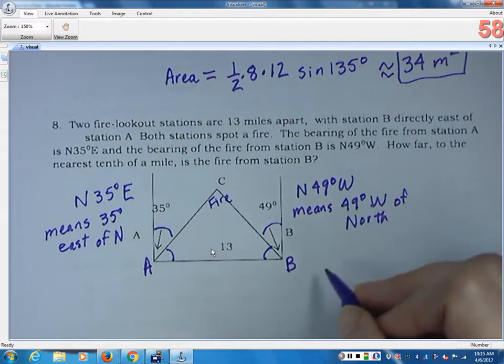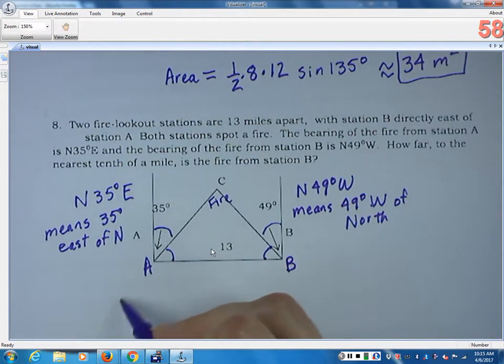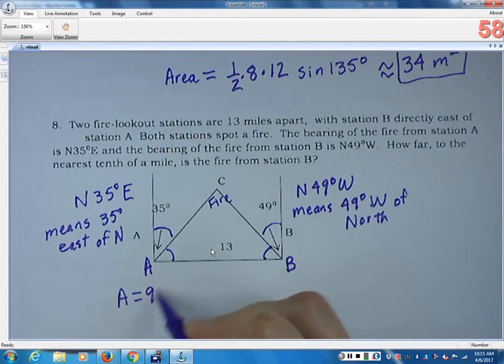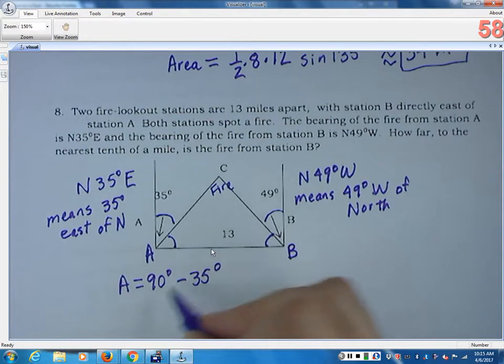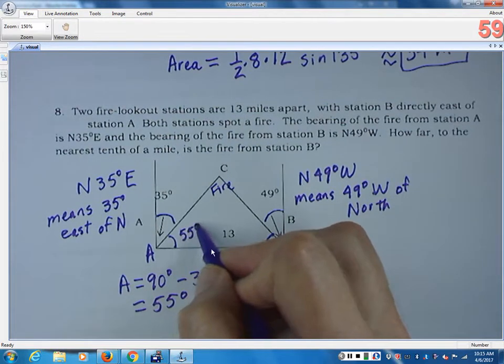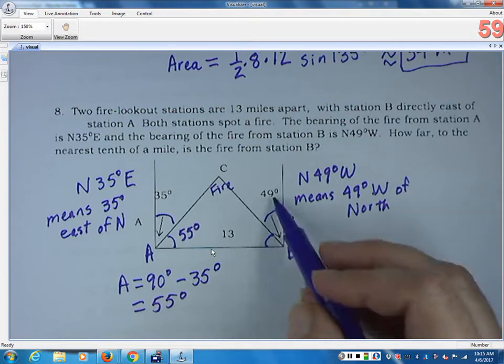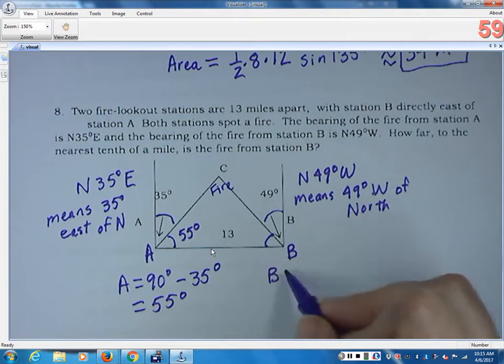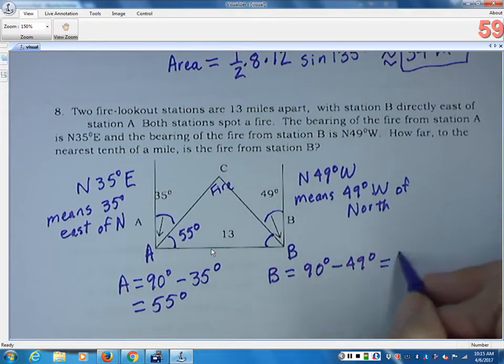So angle A is going to be 90 minus 35. Is 55 degrees. Angle B is going to be 90 minus 49. And that's 41 degrees.